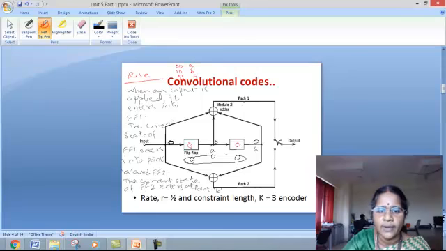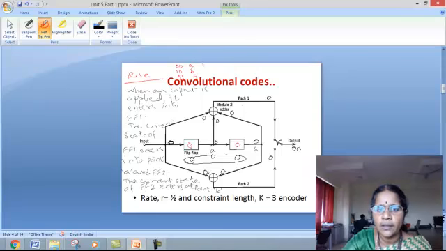Now find out the output of this modulo 2 adder. Here it is 0, here it is 0, and here it is 0. So the output would be 0 plus 0 is 0, and 0 plus 0 is 0. So at path 1, the output is 0, and similarly here this input is also 0. So 0 plus 0 is 0, and thereby the output is 0 0.